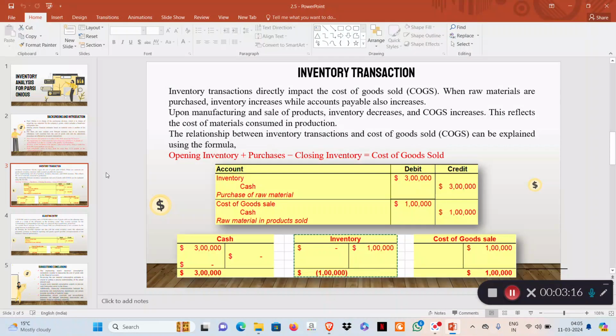In that, the debit is $100,000 and the credit is $100,000 as well. Here we have another table which indicates the inventory, cash, purchase of raw materials, and the cost of goods sold. Cash is $300,000 as we saw in the account. Inventory is $100,000 and cost of goods sold is $100,000 as well.